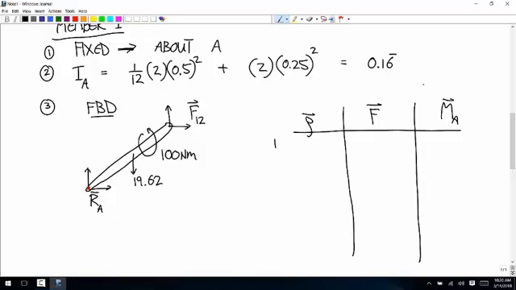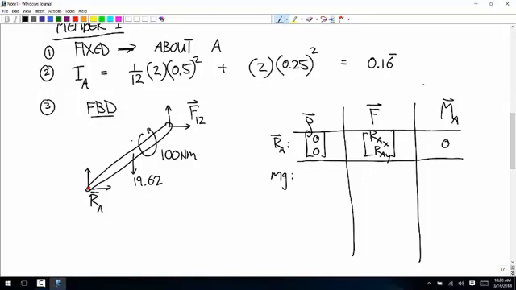So first that force RA. The rho vector is 0. Force vector is RAX, RAY. Moment is 0. Then the weight force, that's 0.25 times cosine and sine of 45.